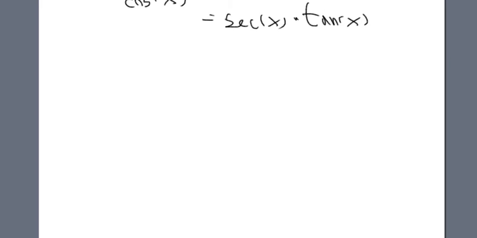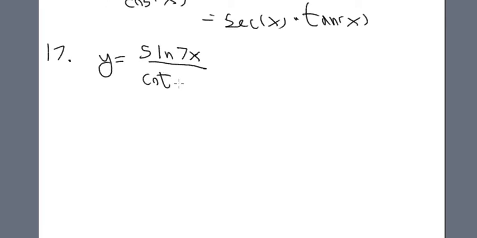So let's look at a problem from the book, from the problem set. How about number 17? This applies a natural log as well as something inside the trig function. So let's see how this works out. So 17, y equals 5 natural log of 7x over cotangent 14x.